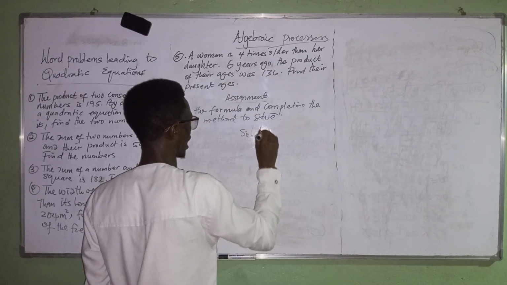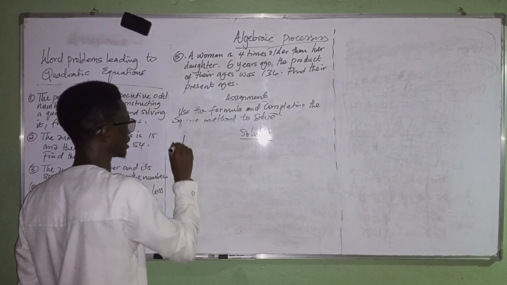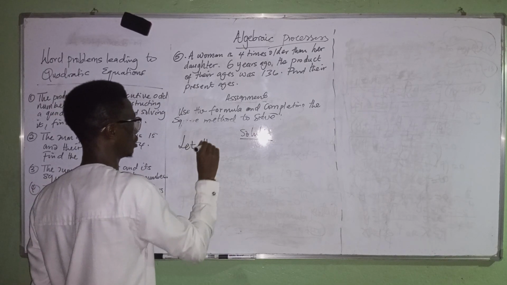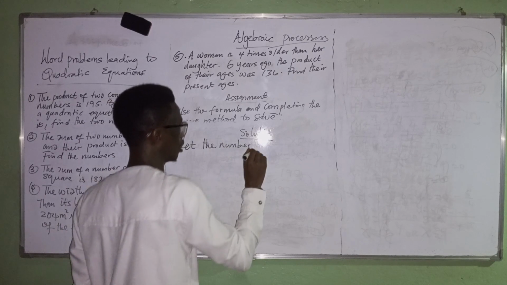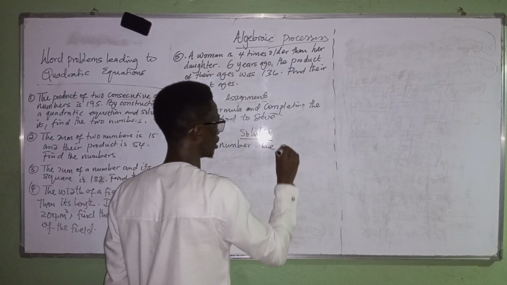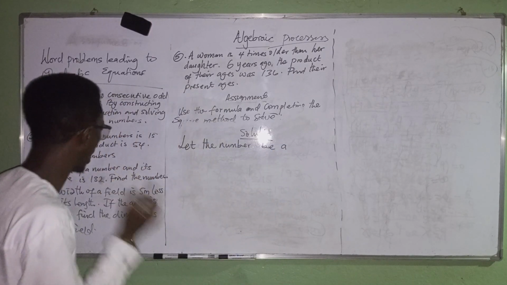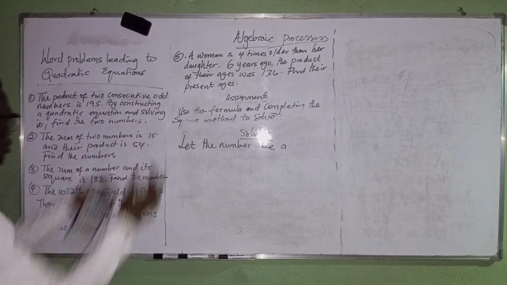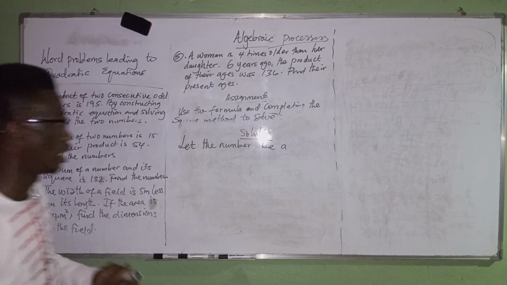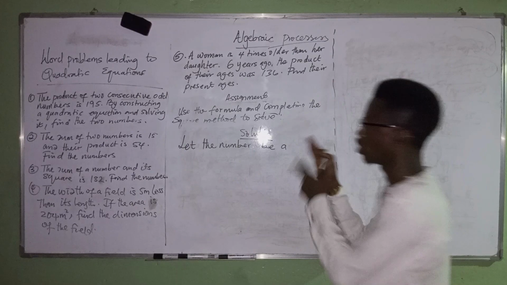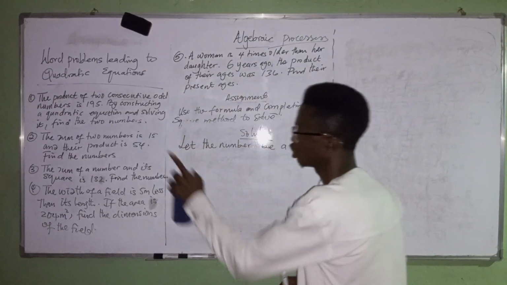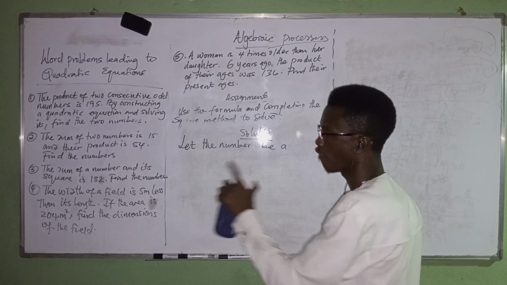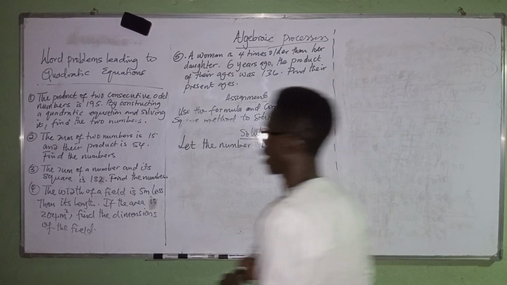So solution to that, we say let the number be A. Once you are done with representing the number with a letter, you go back to the question and try to interpret it. The sum of a number and its square.